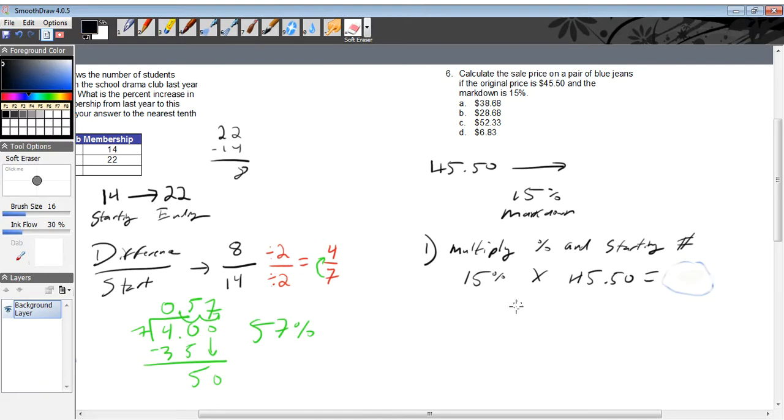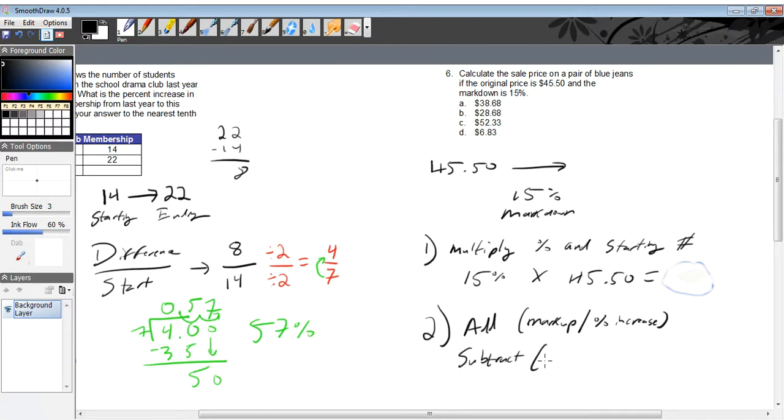then we're going to include in step 2, which is we're either going to add, and this is for a markup, or percentage increase, or subtract, which is going to be a markdown, discount as well, or a percentage decrease.